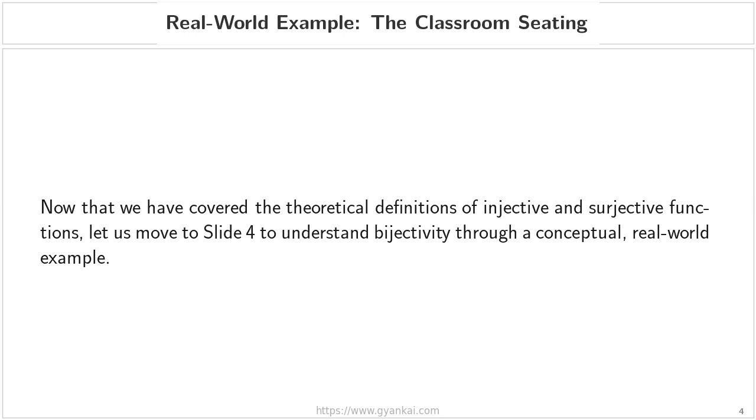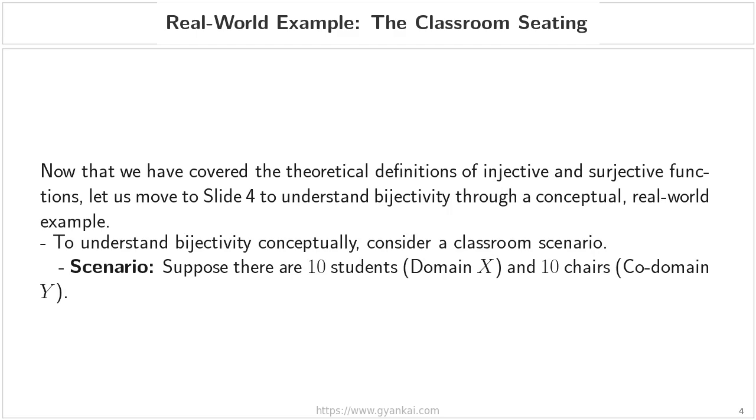Real-world example, the classroom seating. Now that we have covered the theoretical definitions of injective and surjective functions, let us move to slide 4 to understand bijectivity through a conceptual, real-world example. To help you visualize how these properties work together, let us consider a simple classroom scenario. Imagine we have a group of 10 students, which we will define as our domain x, and 10 chairs, which will serve as our codomain y.